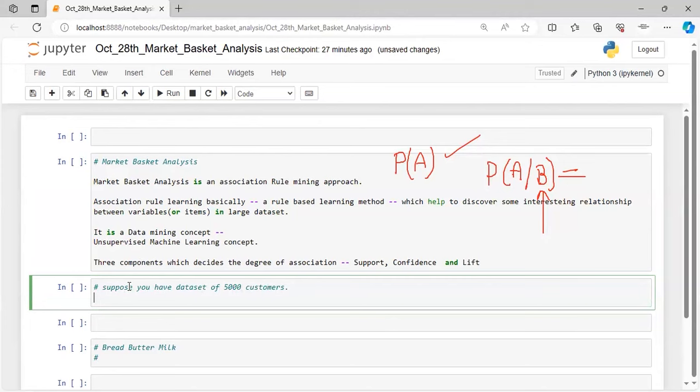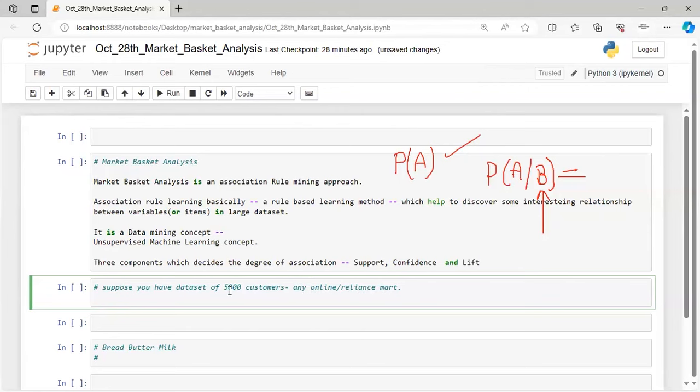In these 5,000 customers related to any online shopping, or any kind of shopping, like online or Reliance Mart, or whatever you can say.